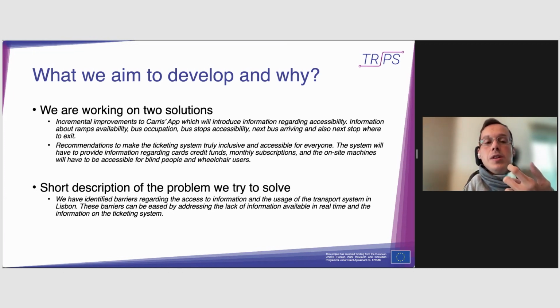So this is the information that we can provide to people while we are on our street in our daily commutes. The other information is about the bus occupation. This will require some other steps in terms of technical infrastructure, but will be available as well.